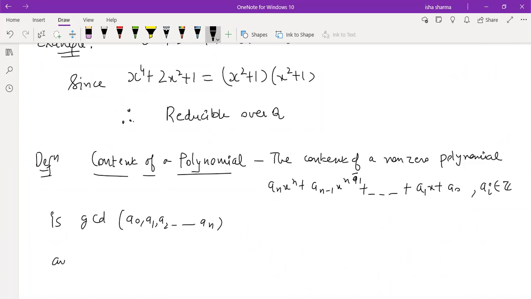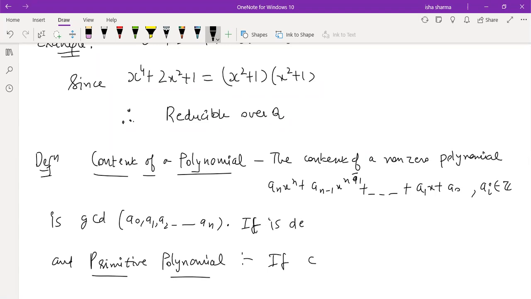And there is another definition associated with it, which is primitive polynomial. It is denoted by C of f. ये कोई conventional notation नहीं है, different authors use different notation, but we will be using this notation.